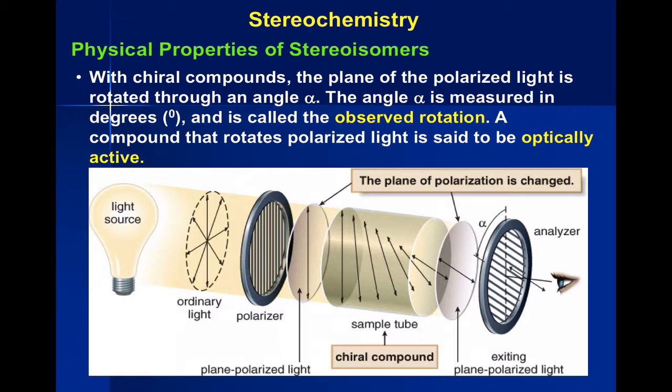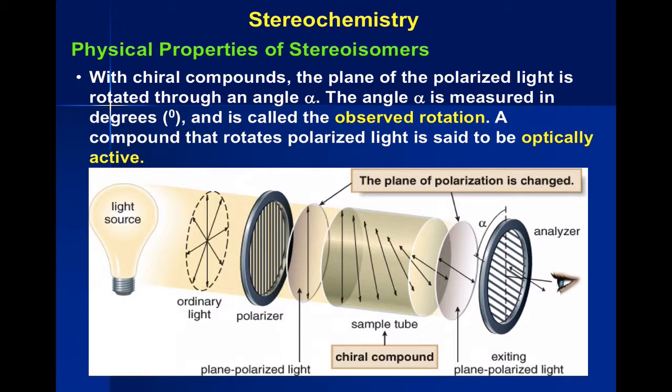And we notice that the angle of this and the angle of this are not the same anymore, so we can actually determine the rotation, okay? And so as the light passes through the sample, it gets rotated either to the left or to the right, depending on the configuration of the chiral molecule, okay? And we call this optically active. It rotates the plane of polarized light, okay?